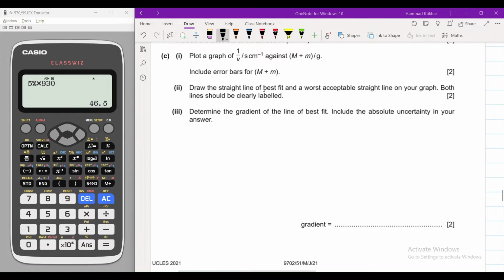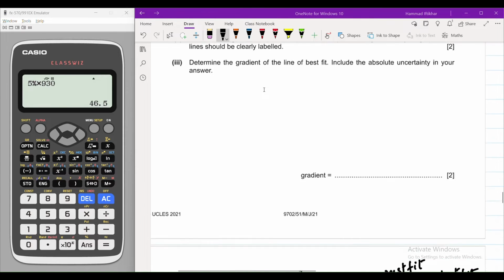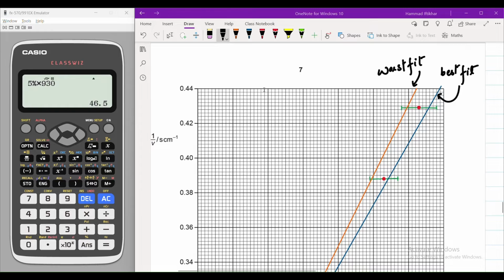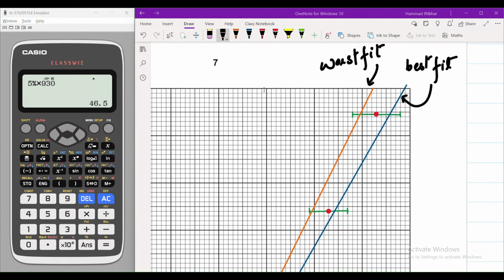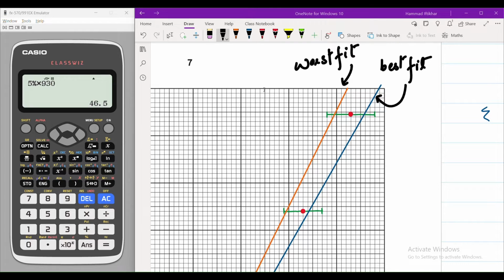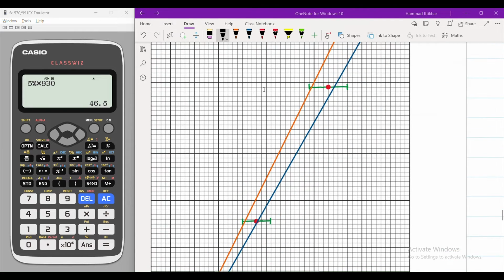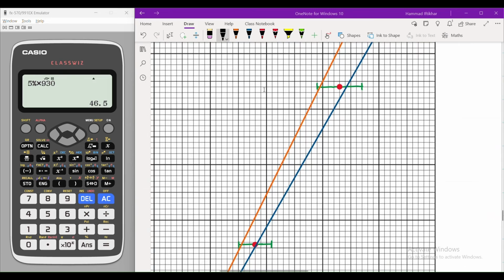So determine the gradient of the line of the best fit. Include the absolute uncertainty in your answer. So basically, we need both of the gradients, right? So let's choose the points that we see very clearly on both of the lines.